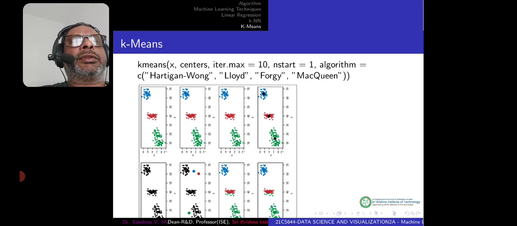Finally, on the last one, the upper right, we can see that one cluster is totally blue, another cluster is totally red, and the third one is totally green. No more mixtures are there, so it has converged. So we stop there and we define that the whole thing is made up of three clusters.